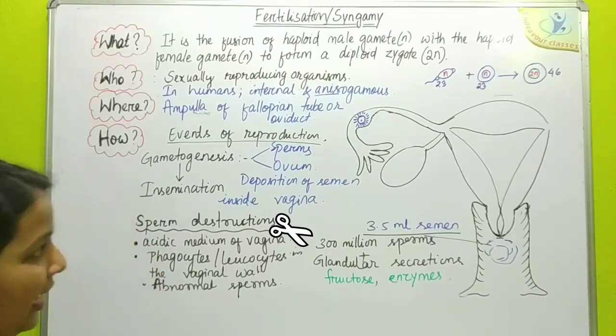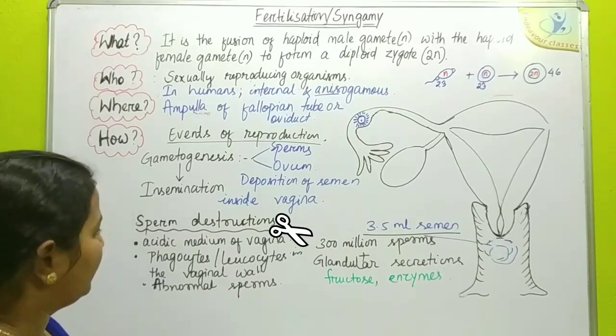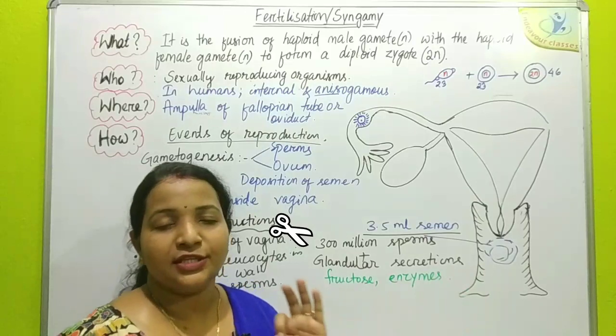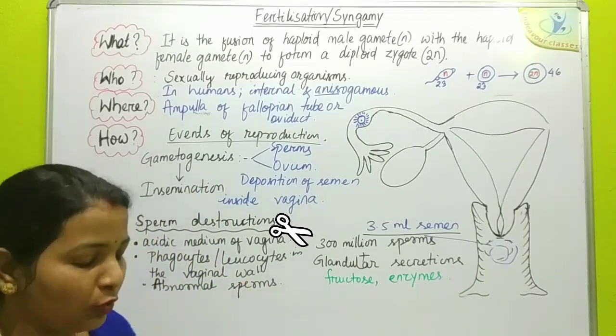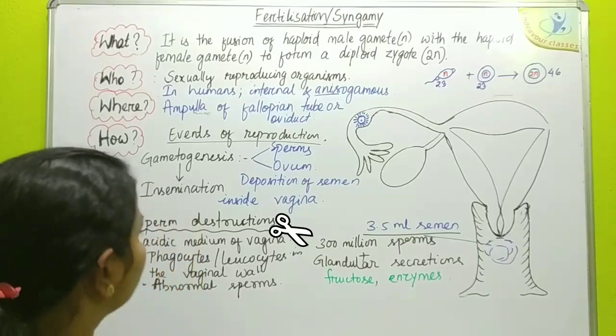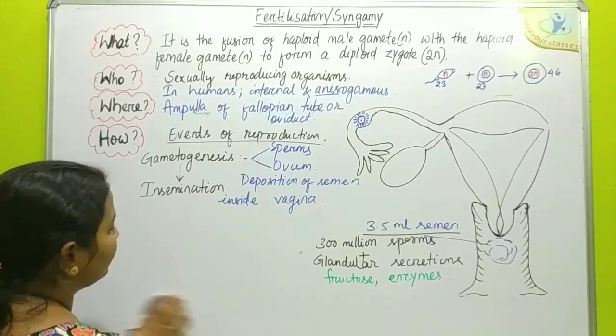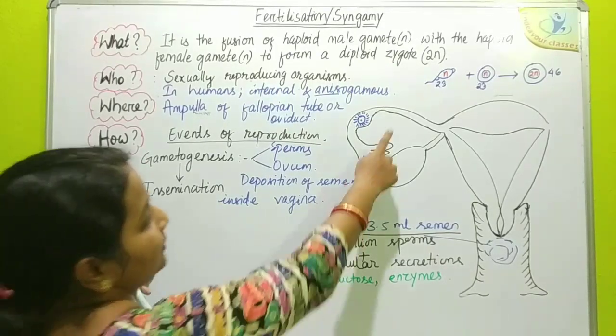So now what will happen? There is capacitation of sperms. Remember, capacitation of sperms is one of the main pre-fertilization events. So what will happen now inside the uterine cavity and fallopian tube?